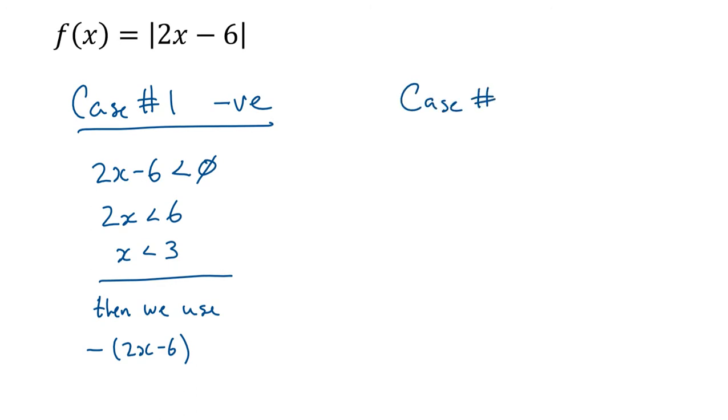Case number 2, when the expression evaluates to a positive, is when the expression 2x minus 6 is greater than or equal to 0. And I could put the equal sign on either, or both for that matter. I'm just choosing to put it on the second one out of habit.